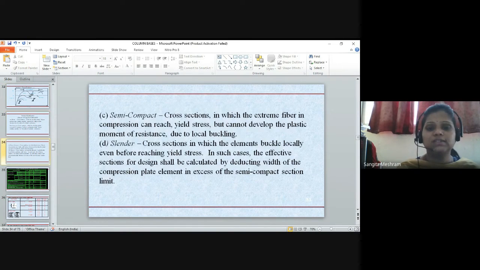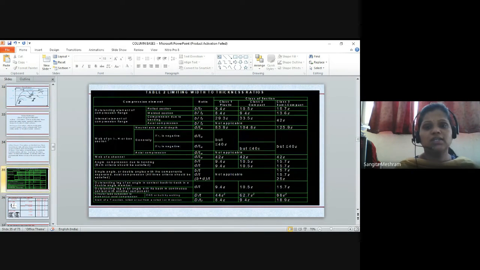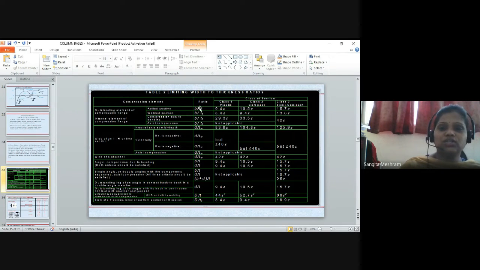So these are the different sections. Then according to this, how can we classify? We have to find out the ratio, like b by tf, meaning width upon thickness. It is 9.4, 10.5, 15.7. So according to that, we can classify the plastic section, compact section, and semi-compact section.